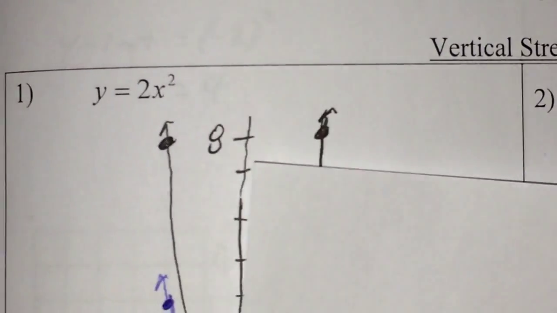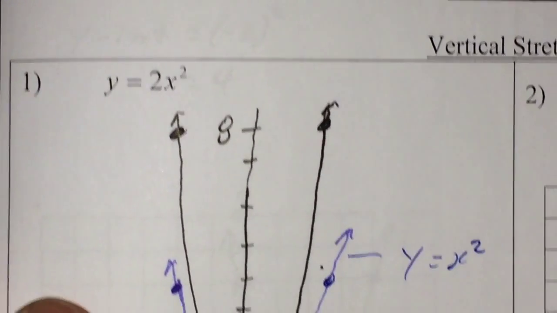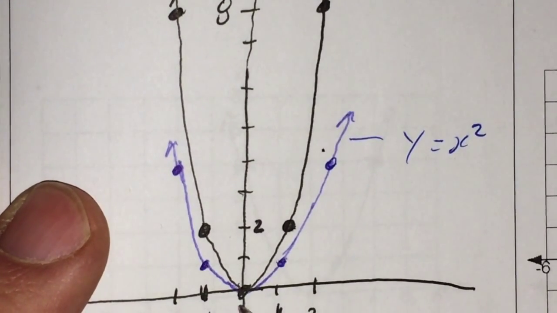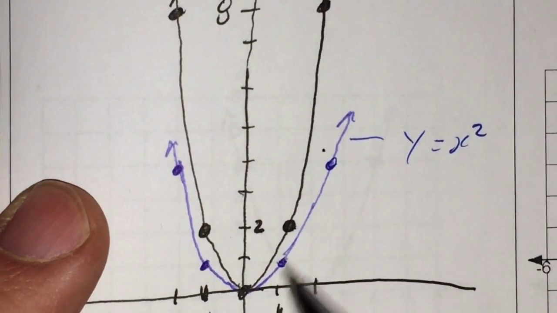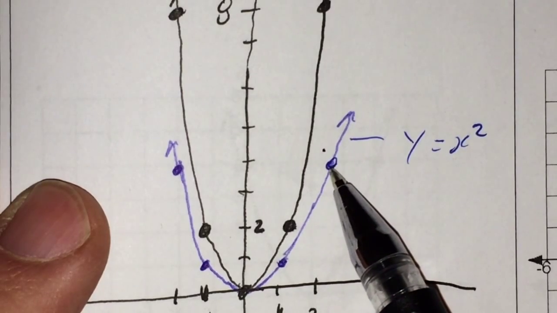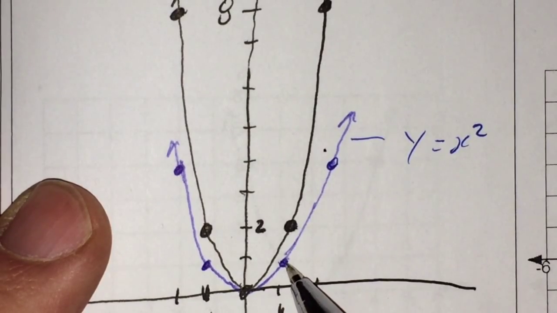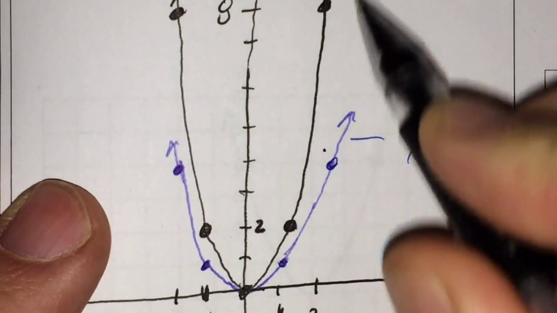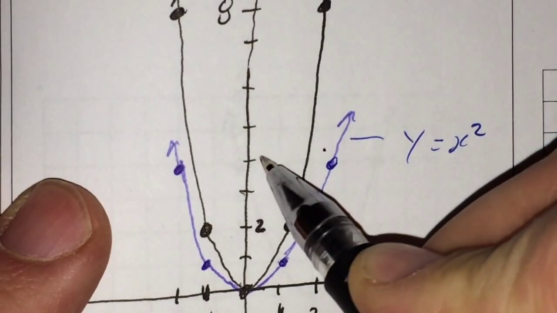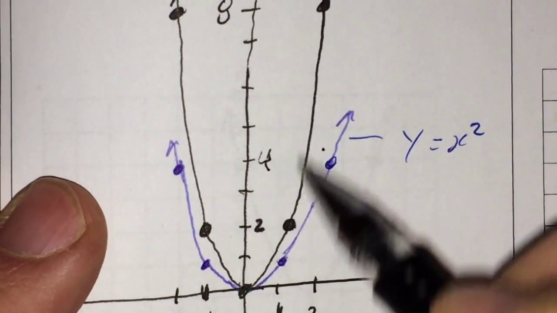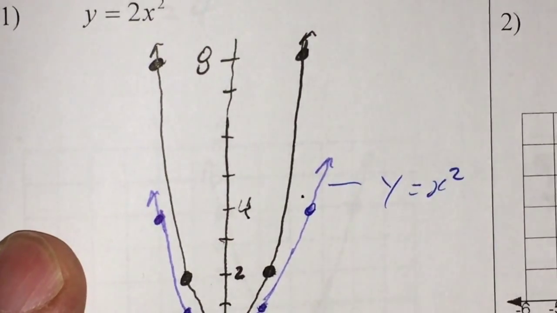If this blue one is y equals x squared, it goes over 1, up 1, over 2, up 4. Then y equals 2x squared is going to go over 1, up 2, double that. Over 2, up 8. 8 is double 4. So y equals 2x squared is the black one here.